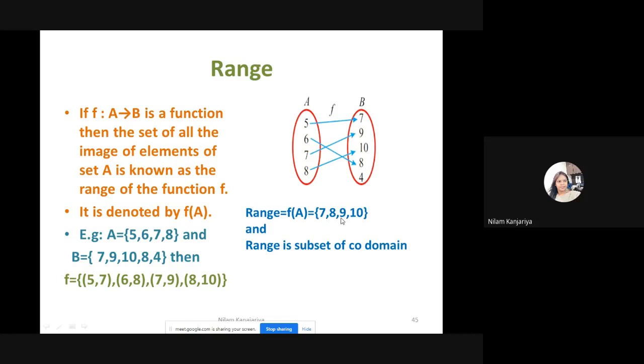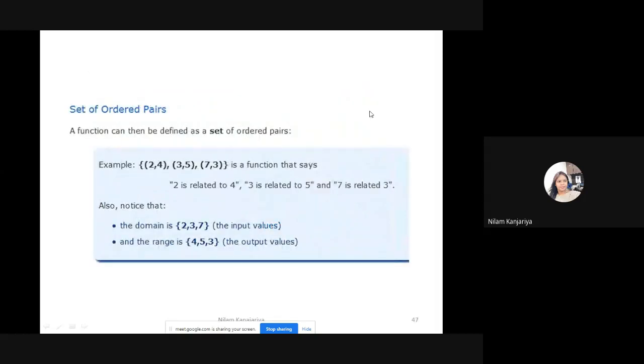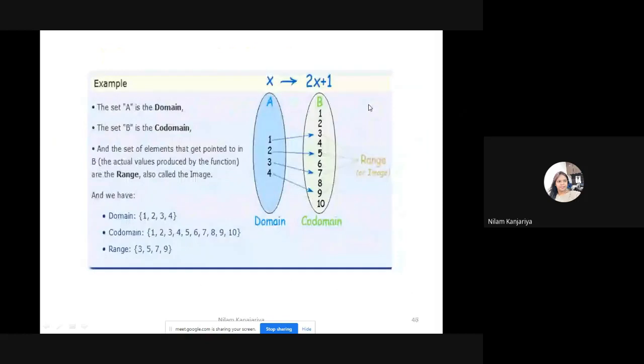I will give you an example. Look at the next one. Here you have a set A and a set B. A has elements 1 to 4 and B has elements 1 to 10. 1 is related with 3, 2 with 5, 3 with 7 and 4 with 9. If you want to write the range, the range is only the elements of set B which are making a relation with A. So those are 3, 5, 7 and 9.